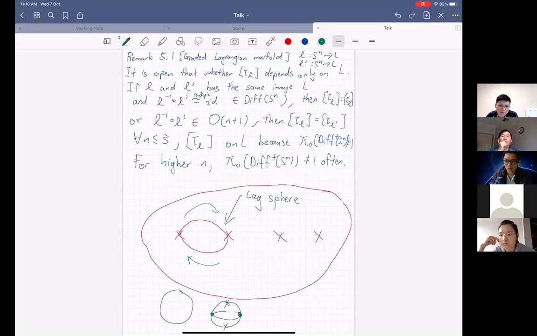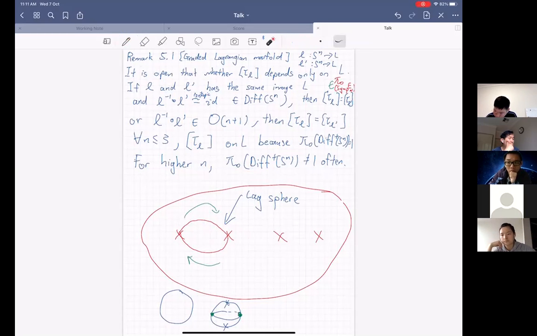It's the equivalence class of the Dehn twist tau L. This is a symplectomorphism of E. Correct.